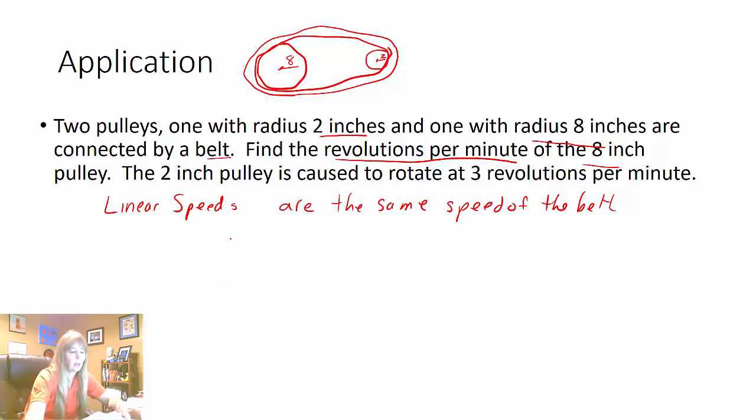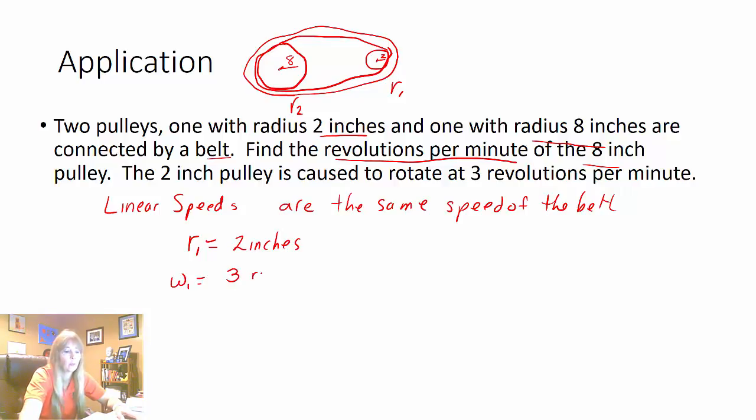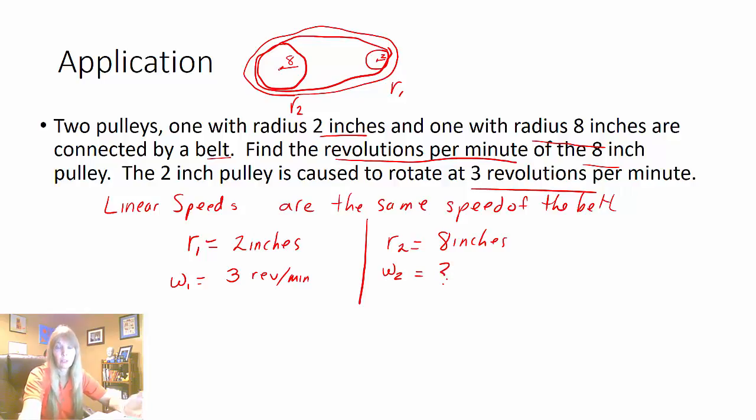All right, so let's call R1 the smaller one. We'll call this one R1 and this one R2. So radius 1 is 2 inches, and I know the angular speed is 3 revolutions per minute. That was given to me right there. Well, we said these are equal, so let's set this side up over here. My R2 is 8 inches, and then my omega 2 is what they're asking me to find.